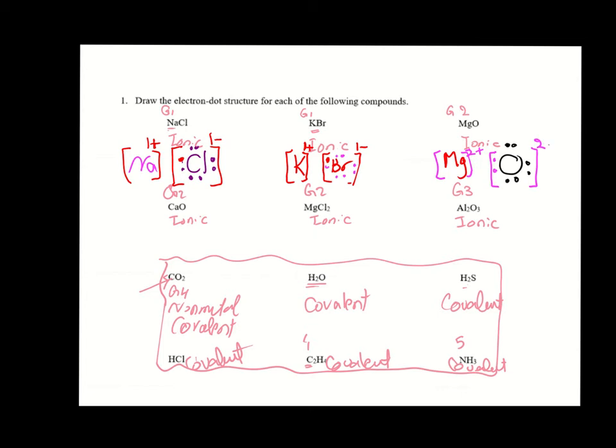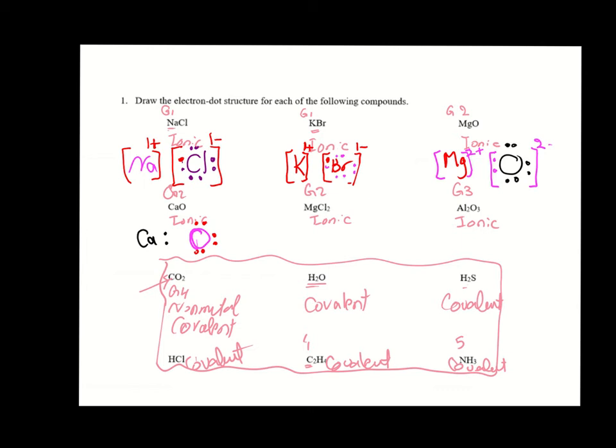CaO. Calcium in group 2 and has 2 electrons in outer shell. Oxygen in group 6 and has 6 electrons in outer shell. 1, 2, 3, 4, 5, 6. Also, for both atoms to be stable, 2 electrons will move from calcium side to the oxygen side, or from the metal side to the non-metal side.